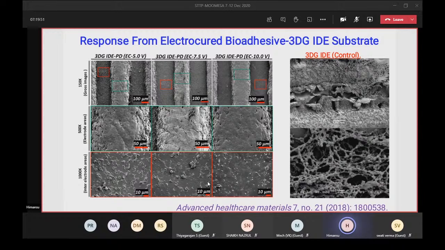So what we did, we incorporated the PMMG diazirine adhesive with that, and then we cured it. When you cure it, interestingly, this is the 3DG substrate on the extreme right side, and on the left side we have three same electrodes at 3 different voltages: 5 volt, 7.5 volt and 10 volt.